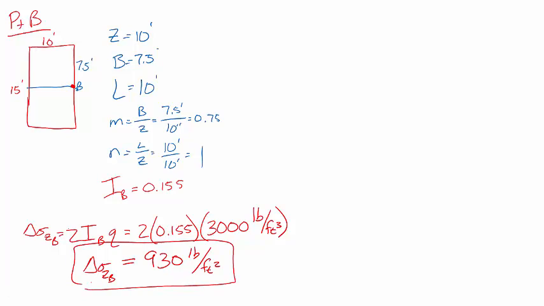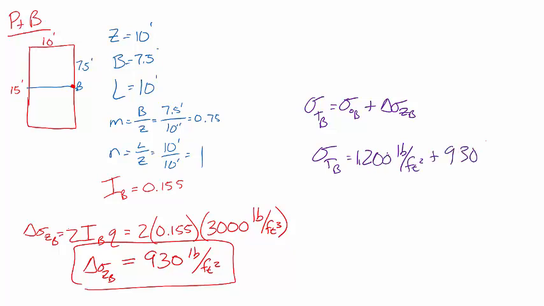Again, we also want to calculate the total stress at point B, and that is the calculation of the initial stress at point B plus the change in vertical stress at point B. Well, the initial stress at point B is the same as it was at point A because the unit weight of the soil is the same, the depth is the same, so it's again 1,200 pounds per square feet plus 930 pounds per square feet.